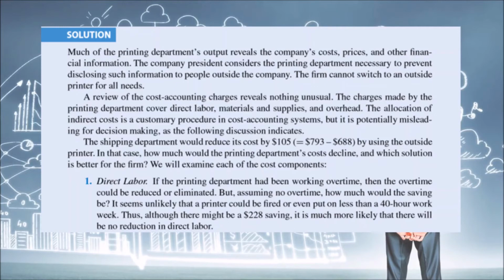But assuming no overtime, how much would the saving be? It seems unlikely that a printer could be fired or even put on less than a 40-hour work week. Thus, although there might be a $228 saving, it is much more likely that there will be no reduction in direct labor.